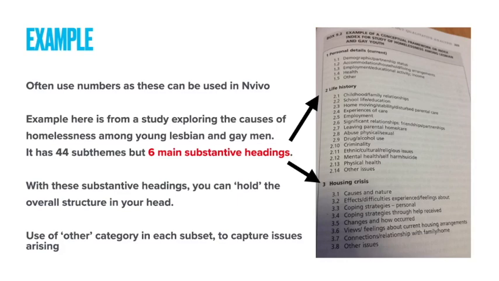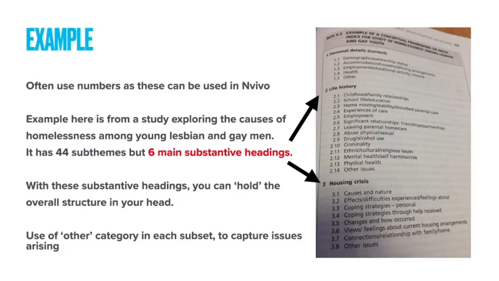This is an example they've given from their conceptual framework, an index from a study of homelessness among lesbian and gay youth. So this is just one page. There are more substantive categories than this, but it's just to give you an example. They actually had 44 sub-themes in their conceptual framework, but they had 6 main substantive headings.